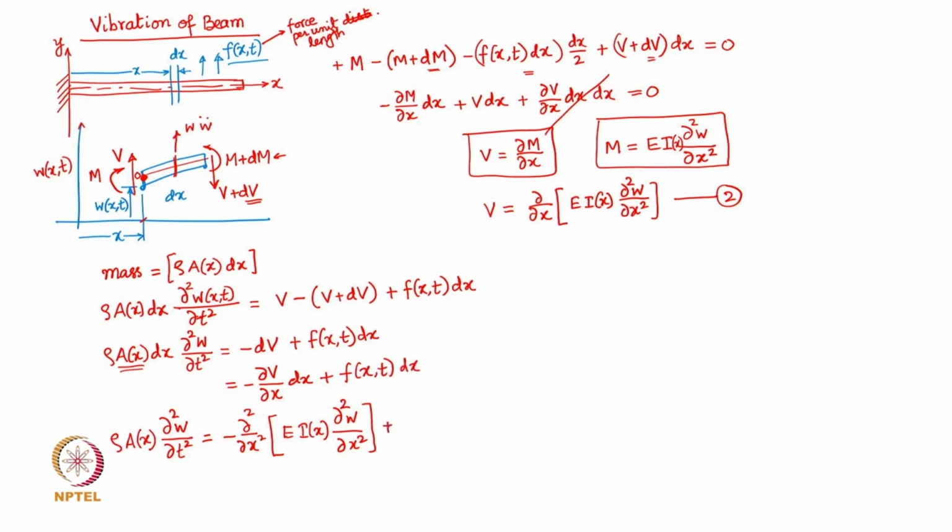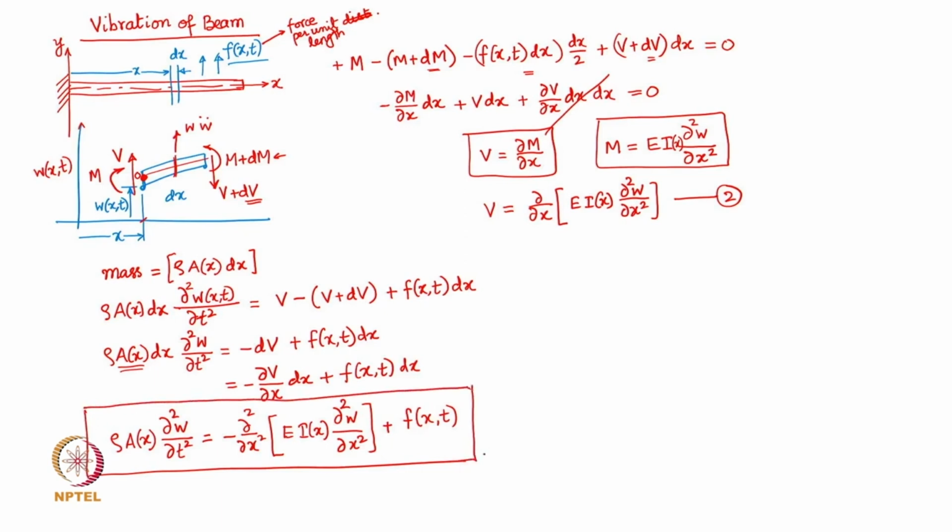Therefore we add to this f of x comma t dx, getting cancelled throughout. Yeah, so this is now our governing equation of motion for lateral vibration of a beam.